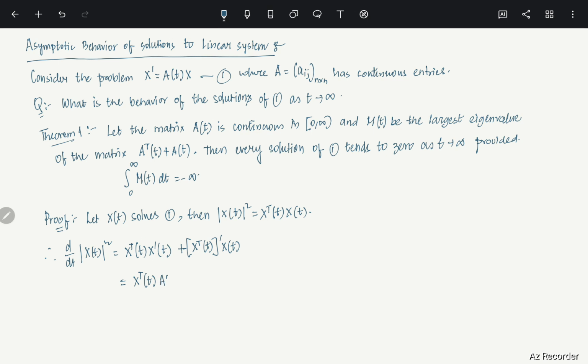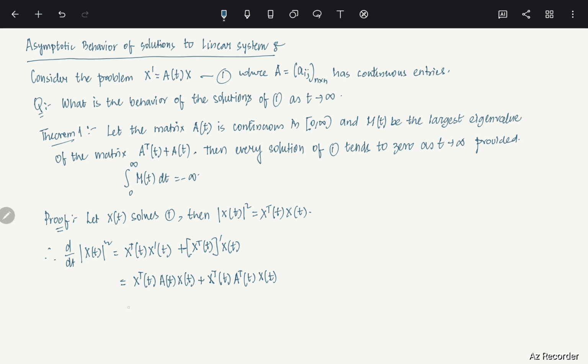So it is x transpose(t) A(t) x(t) plus the derivative of x transpose(t), which is x transpose(t) A transpose(t), and then x(t). Clear?